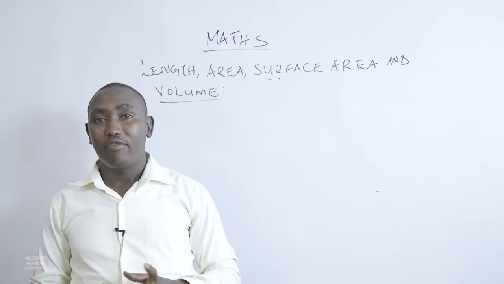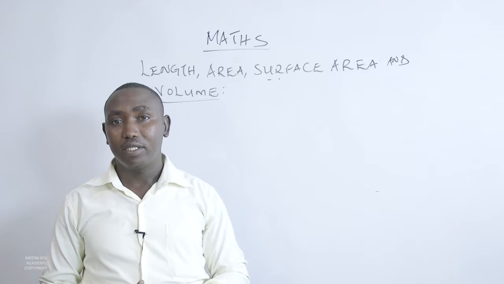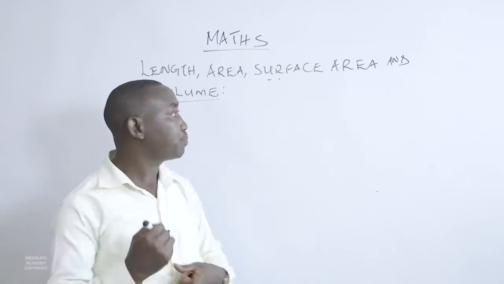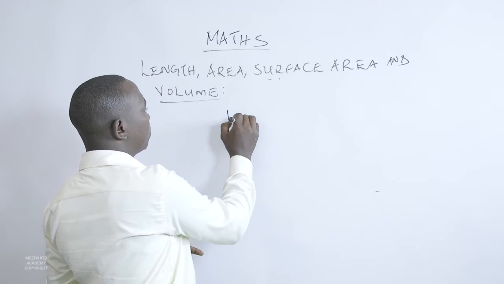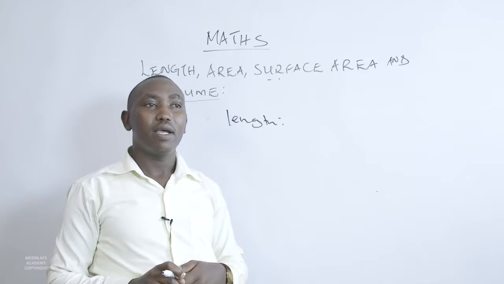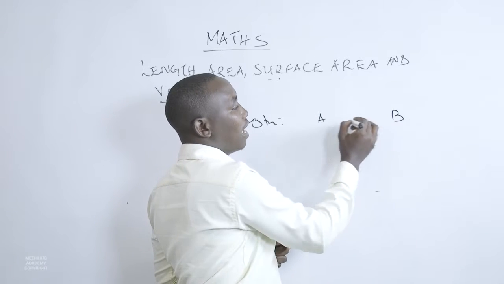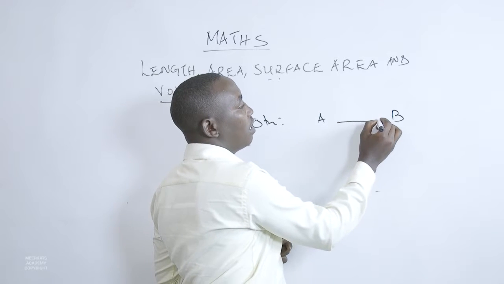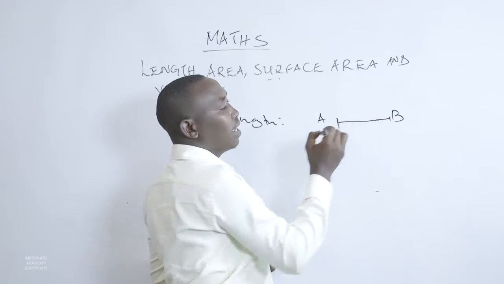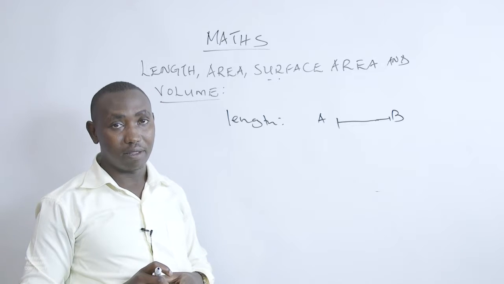I'd like to make a review of what we learned on length and surface area. We said that the distance connecting 2 points, let's say A and B, the distance between A and B is the one that we refer to as the length.